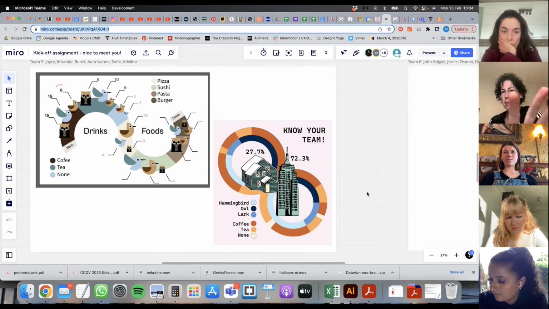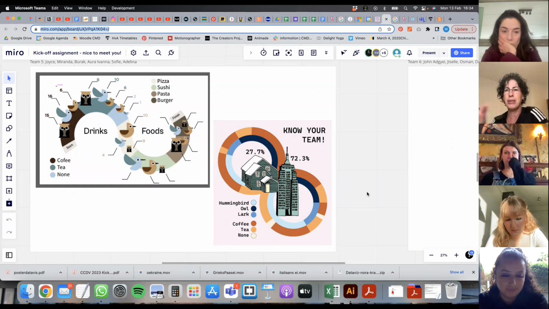I felt a little bit confused at the start by the amount of birds going on there, and maybe with the data, but then I understood the logic of it, that each food has its own bird categories.